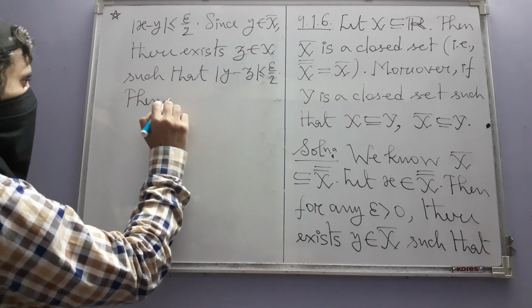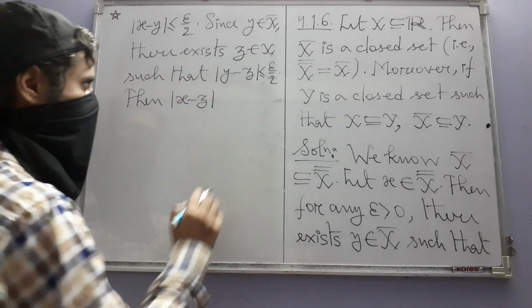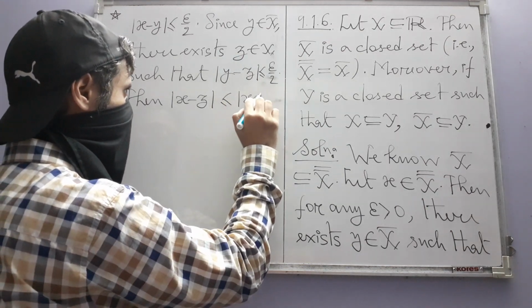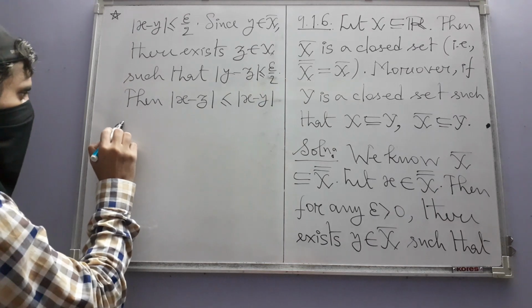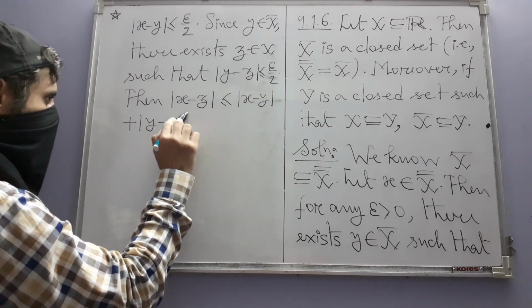Then what do we get? The distance between x and z by the triangle inequality is less than or equal to the sum of these two distances.